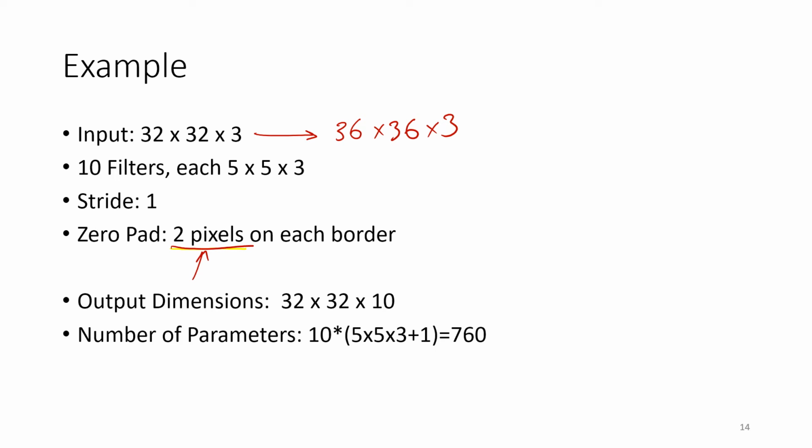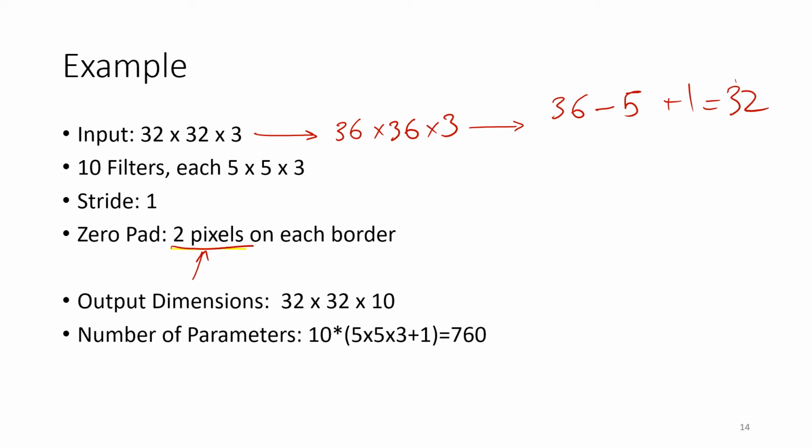And now from this we get 36 minus 5. Stride is 1, so we don't need to divide this by 1, and plus 1. So we get again 32. As you see, the input size is basically preserved.